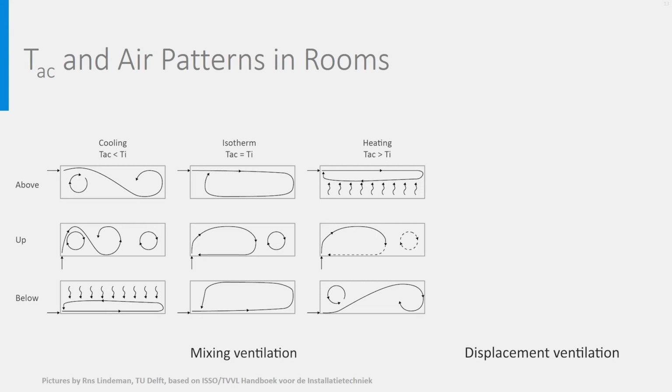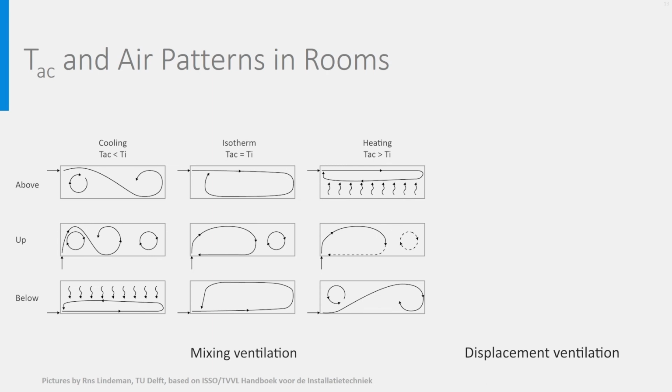If we look now at isothermal ventilation, no heating or cooling, the mixing is right in all cases. In heating mode, it is the reverse of cooling mode. Warm air goes up, cold air down, and blowing the air from below will be more efficient than blowing it horizontally from above.